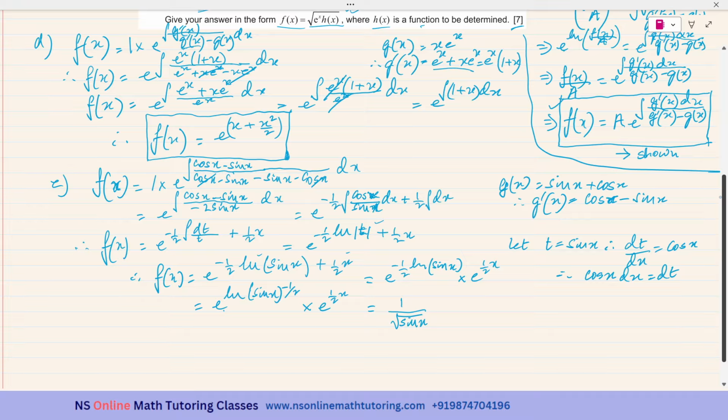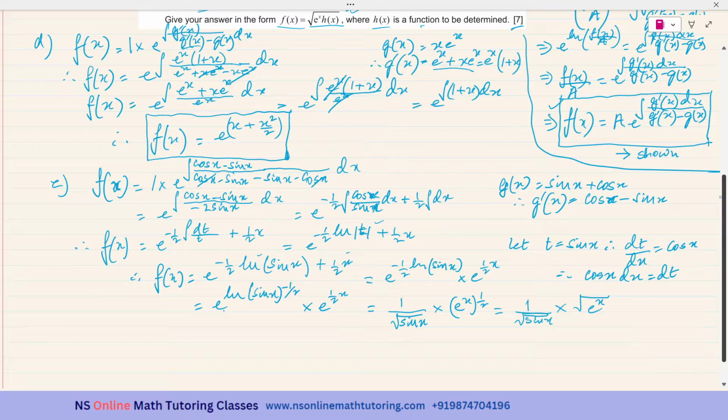And this can be written as e to the power of x raised to the power of half. And what is half? Half is square root. So this is equal to 1 over square root of sin x times square root of e to the power of x.